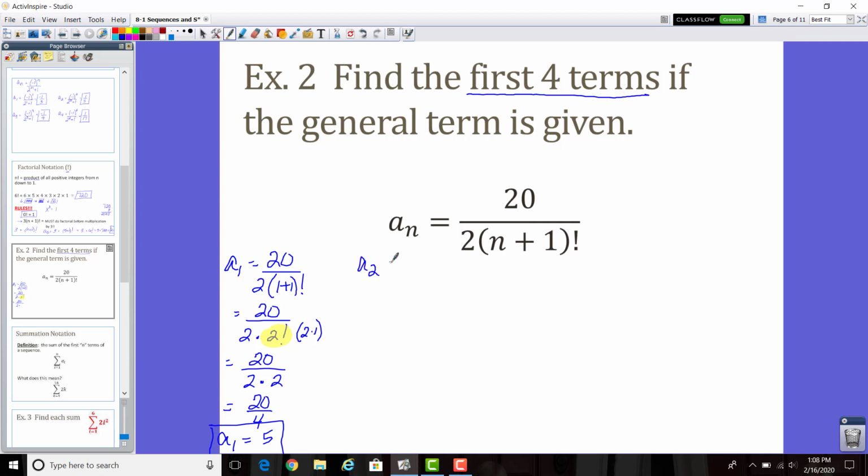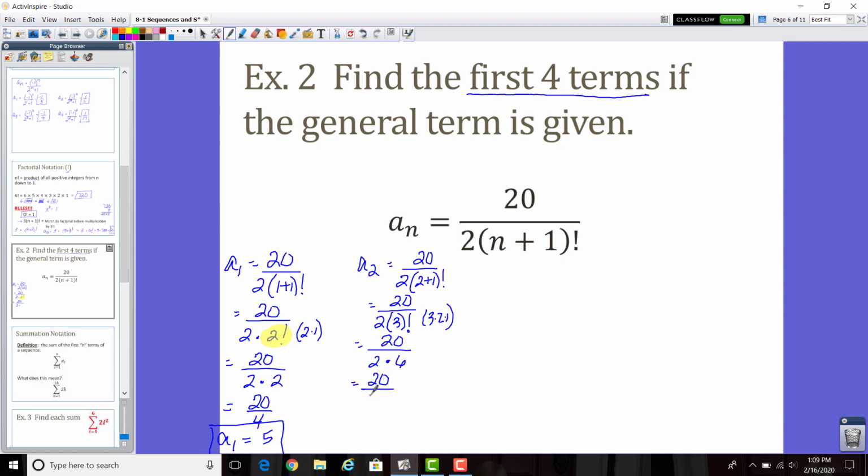Do that same thing with the next term. 20 will be divided by 2 times 2 plus 1 factorial. That means 20 is divided by 2 times 3 factorial. Okay, so 3 factorial means 3 times 2 times 1, which is 6.